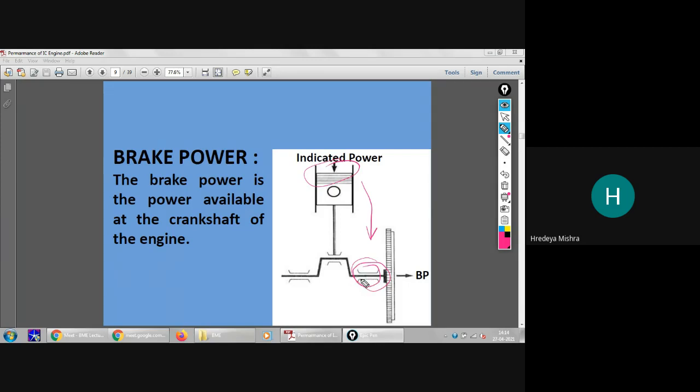The power which rotates the crankshaft, that power we call the brake power. That's why brake power is the power available at the crankshaft, because brake power is responsible for the motion of the engine.